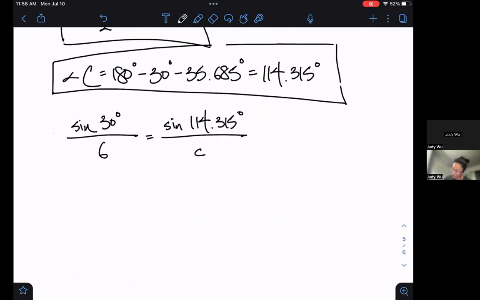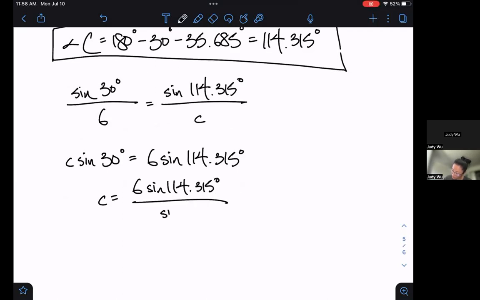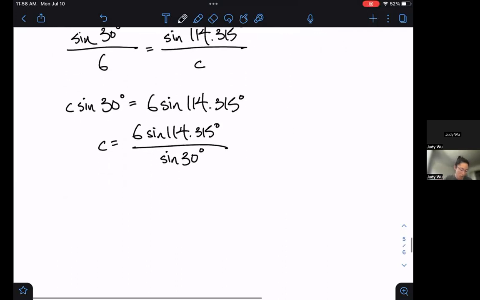And I'm going to go ahead and cross multiply. So I get c sine 30 degrees equals 6 sine 114.315 degrees. And then I'm going to divide both sides by sine 30. All right, again, being really thoughtful that we don't want to type things into the calculator right away, but we want to get this final fraction.